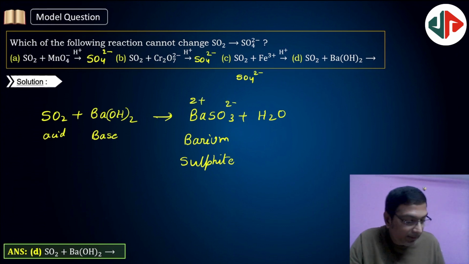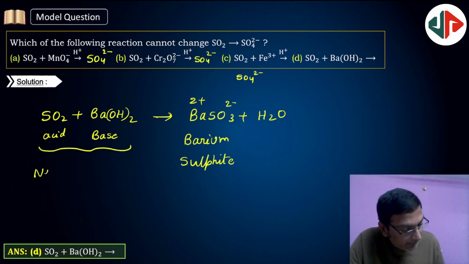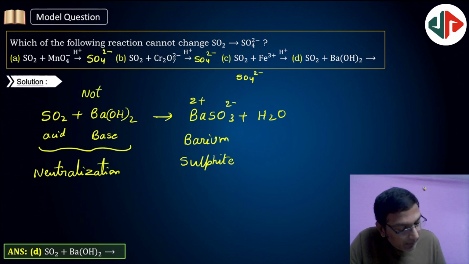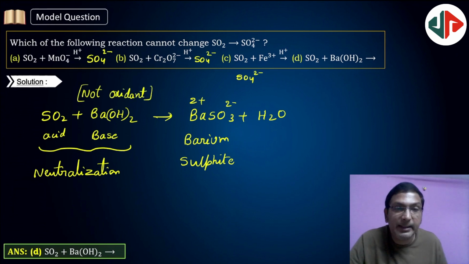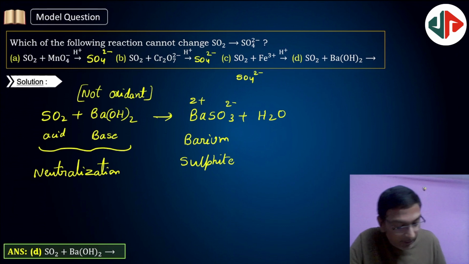So this is acid base neutralization. Therefore, Ba(OH)2 is not an oxidizing agent. An oxidizing agent can convert SO2 to SO4 2-. But here Ba(OH)2 is just a base. This is an acid base neutralization reaction. Therefore, Ba(OH)2 cannot convert SO2 to SO4 2-. Therefore, option D.